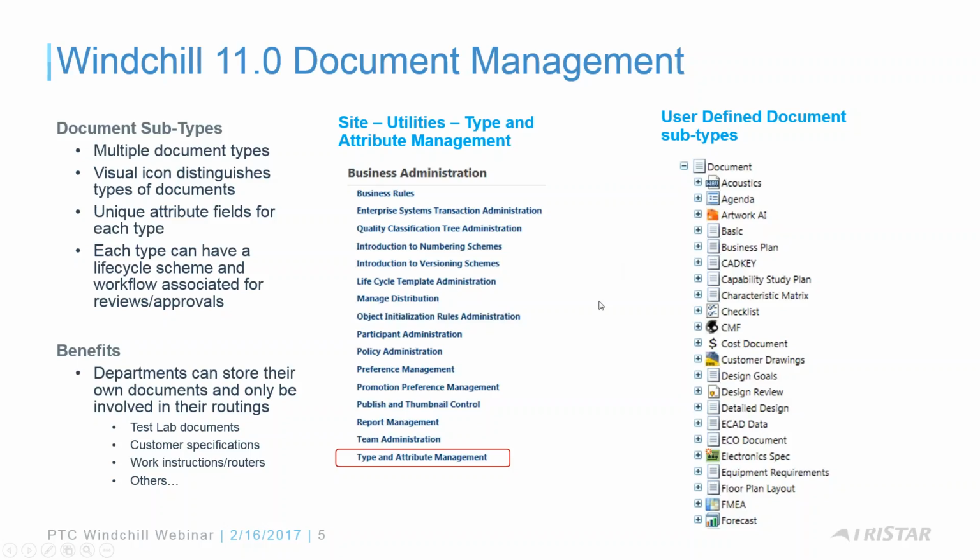And each of these documents can be distinguished by its own icon. So as soon as you go into Windchill and look at the appropriate documents you're interested in, you can visually distinguish them just by the icon.